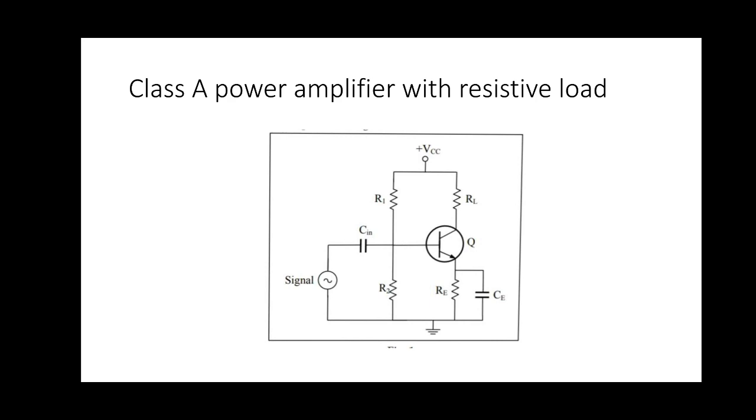Now we can see why the circuit is not a good power amplifier. The total DC power from the collector supply is VCC into ICQ. Out of this, only VCQ into ICQ is the effective DC input power to the amplifier, because at best that is the power that could be converted into useful AC power.